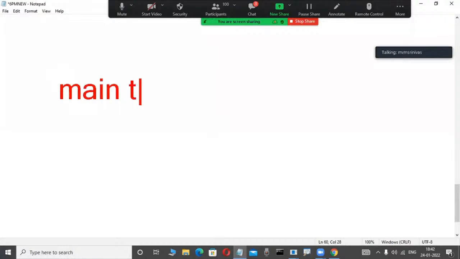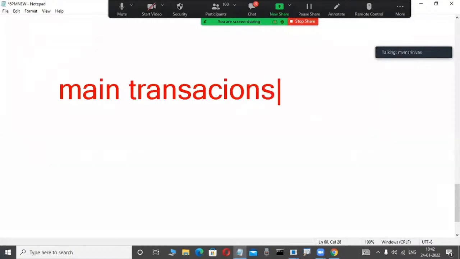Main transactions are stored in a what? Master table. Very, very, very important.